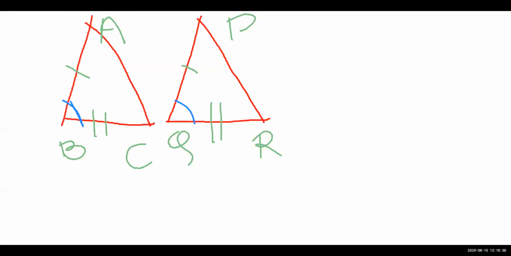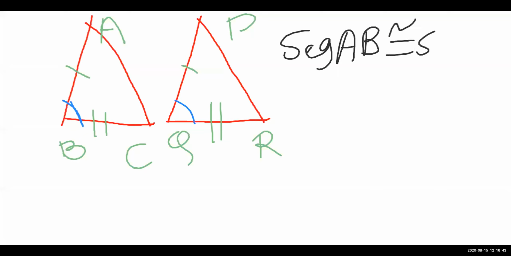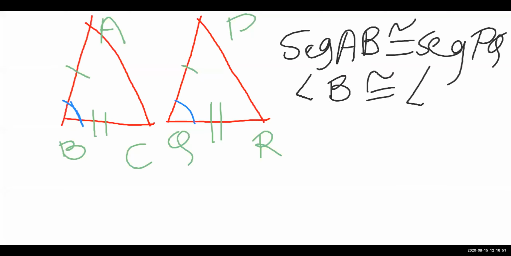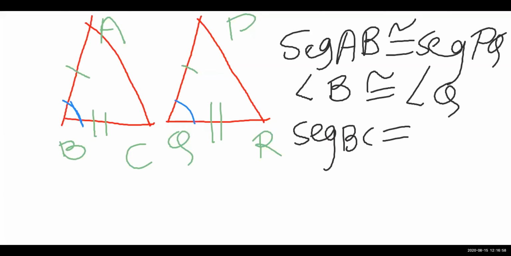Out of 6, if 3 things are given congruent, it is like this: side or segment AB is congruent to segment PQ, then angle B is congruent to angle Q, again segment BC is congruent to segment QR.